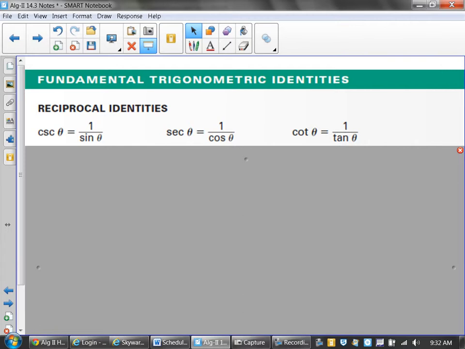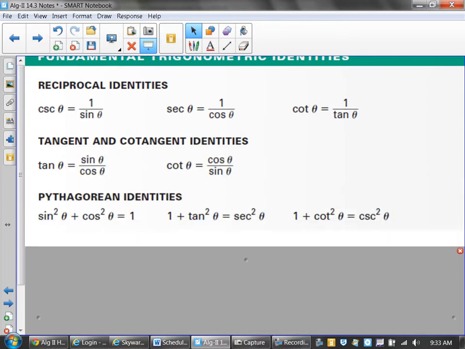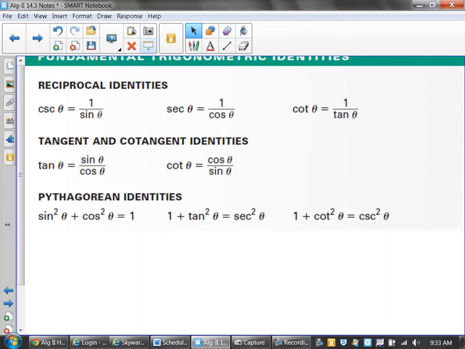What happens here is you get sine squared plus cosine squared equals 1. And then you get the other 2 off of that. You can derive those other 2 from just knowing that one.